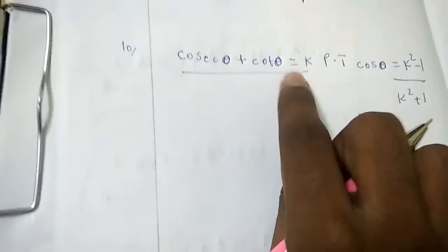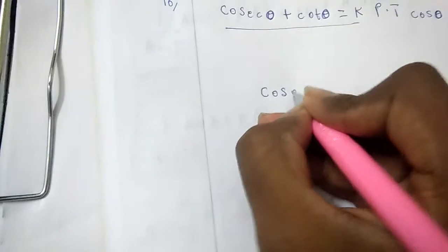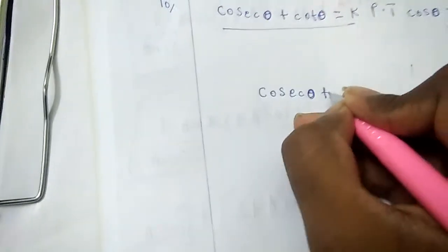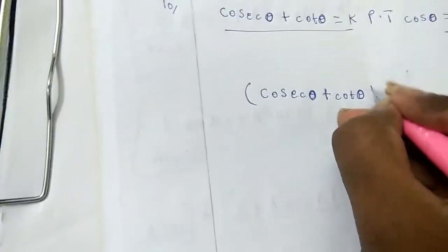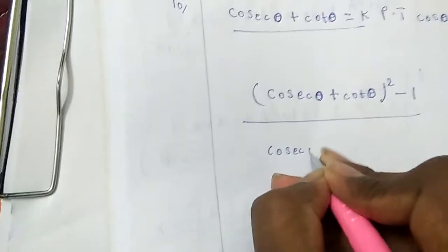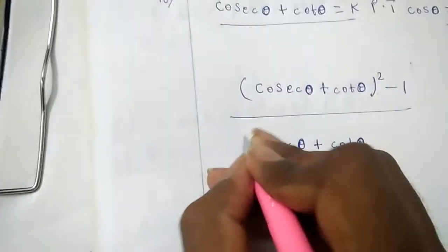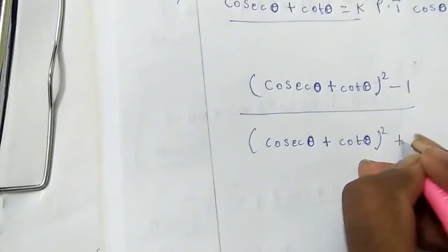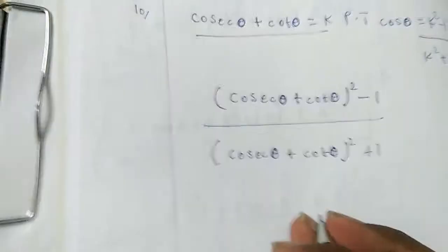In the place of k square, let us substitute cosec theta plus cot theta. So it will become (cosec theta plus cot theta) whole square minus 1 by (cosec theta plus cot theta) whole square plus 1. So here it is looking in the form of a plus b whole square.